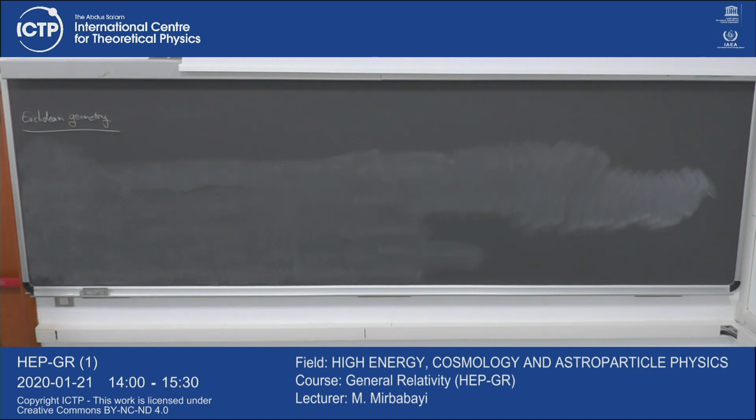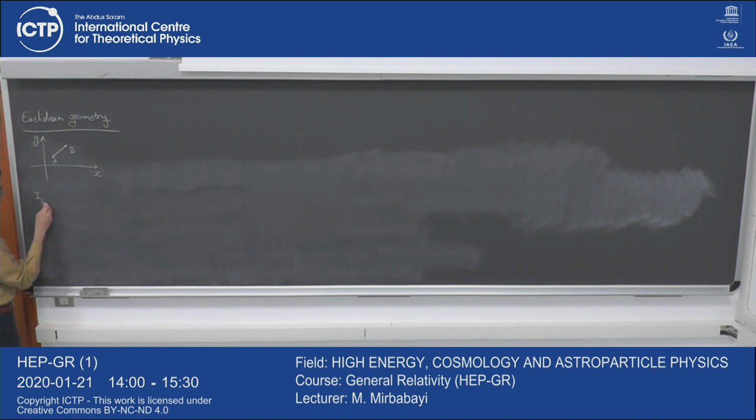So what do we do in Euclidean geometry? Say we talk about two-dimensional Euclidean geometry, which is just a plane with coordinates x and y. For instance, we can consider two points, A and B, and talk about the Euclidean distance between them.